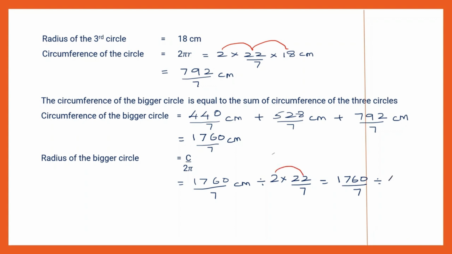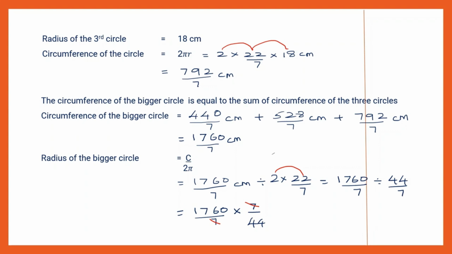So that is 44 by 7. So that is equal to 1760 by 7. Division changes to multiplication. 44 by 7 becomes 7 by 44. Now we can cancel. I can cancel 7 and 7. I can cancel 1760 and 44 both by a common factor.